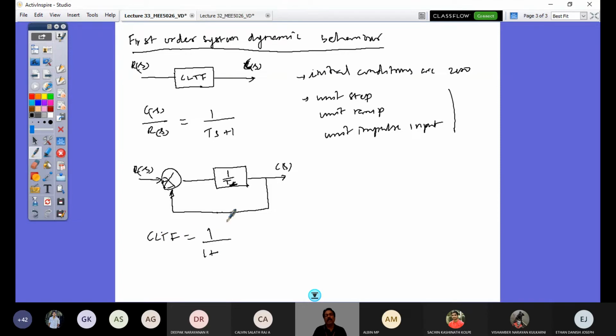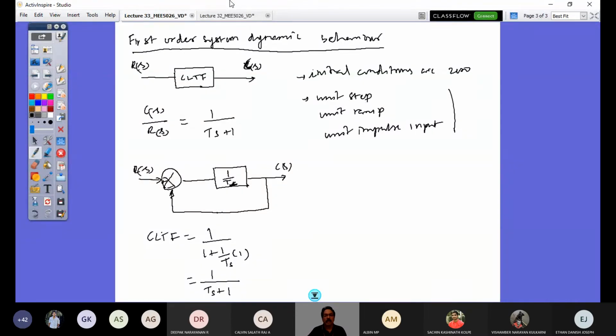Taking the LCM, it is 1 by Ts plus 1 by Ts. Yeah, that's correct.